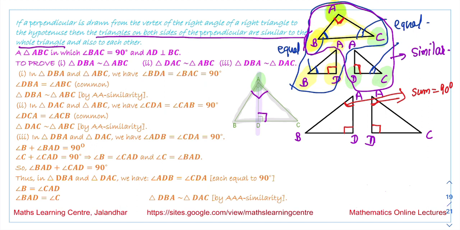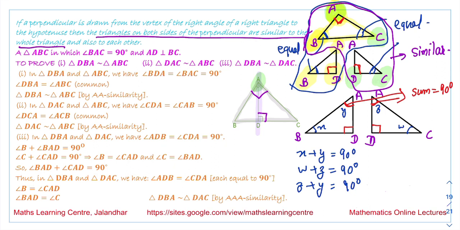Suppose we name the angle at B as X, this angle as Y, Z, and this angle as W. Now we have that X plus Y is 90 degrees, W plus Z is 90 degrees, and Z plus Y is 90 degrees.